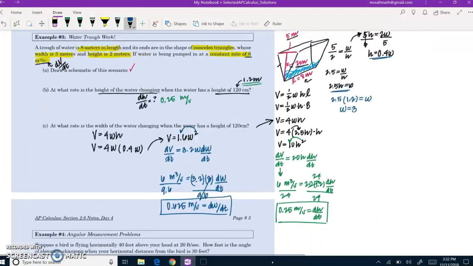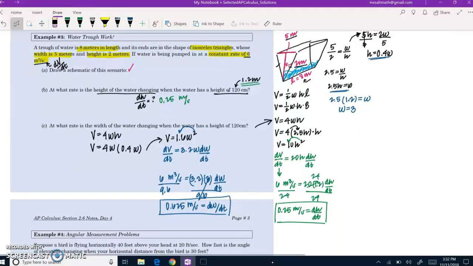Now, that is a way of doing the width and the height completely separately and then substituting back in where necessary. There's actually one other technique we could have used to solve for part C, just as a quick overview. If we already found dh/dt here, we could come straight back to this relationship over here to solve for dw/dt.